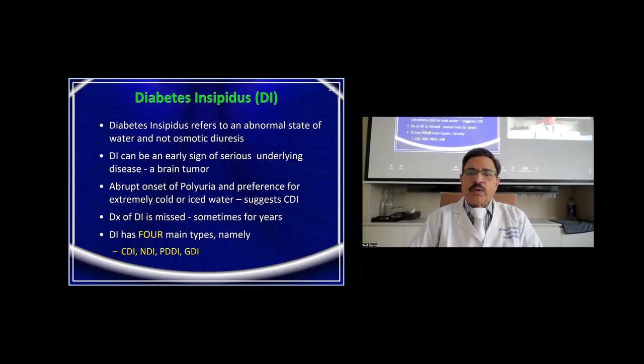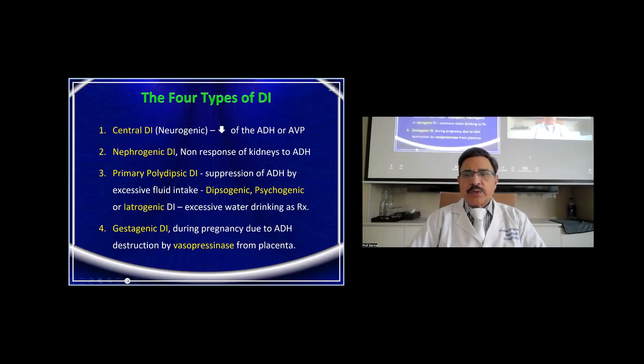Ways to differentiate: central diabetes insipidus, CDI, nephrogenic diabetes insipidus. PDDI is polydipsic diabetes insipidus. GDI is the gestational diabetes insipidus. So we know out of these, the gestogenic diabetes insipidus is due to vasopressinases, and central is the secretory defect in the hypothalamus and the posterior pituitary.